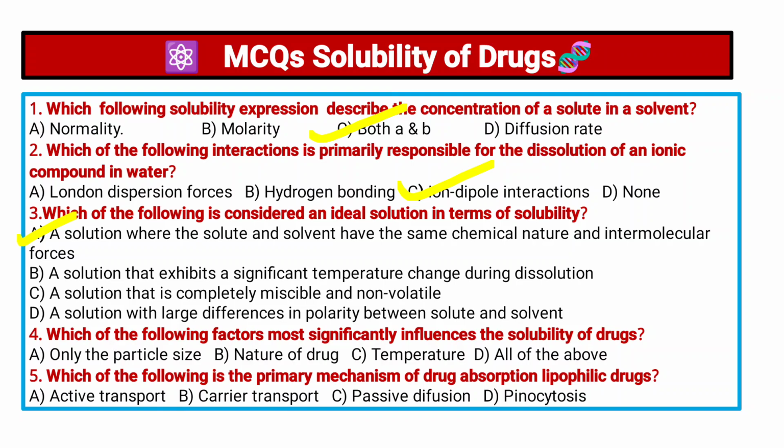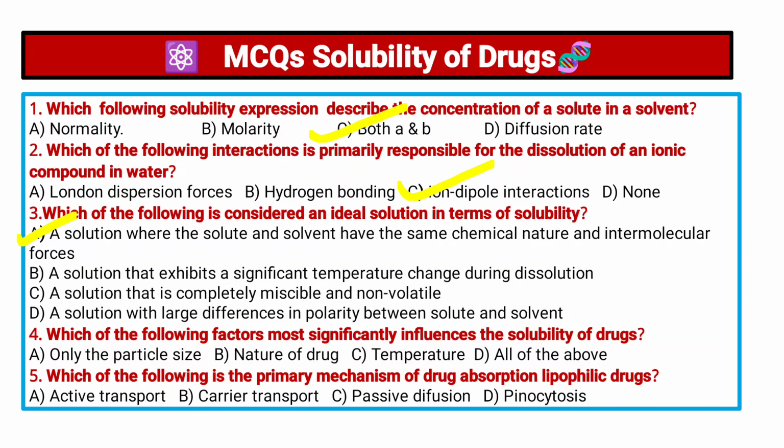Next question, which of the following factors most significantly influences the solubility of drugs? Option A, particle size only. Option B, nature of drug. Option C, temperature. And option D, all of the above. The smaller the particle size, the better the solubility.